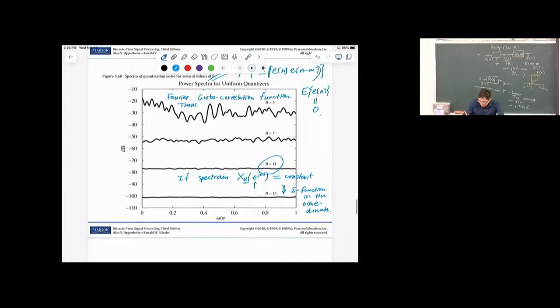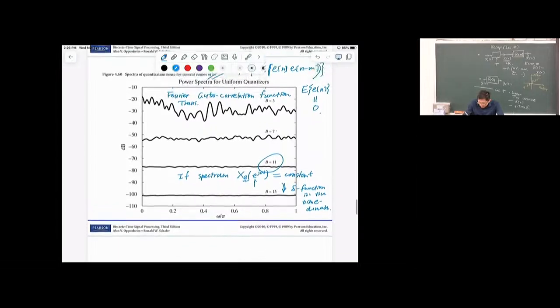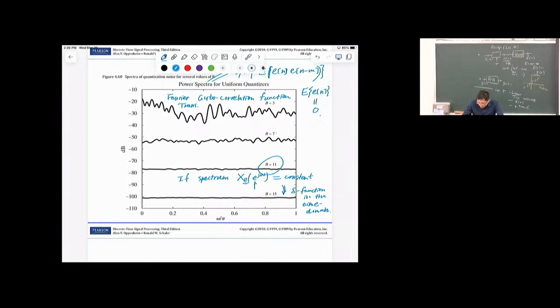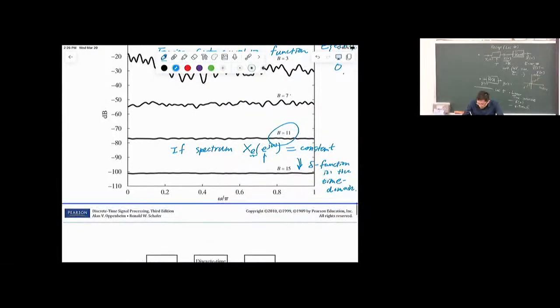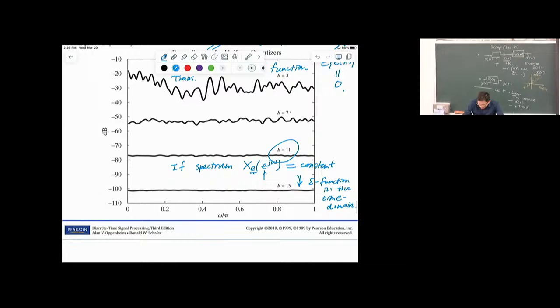So in other words, the expected value of E times E shifted is a delta function.